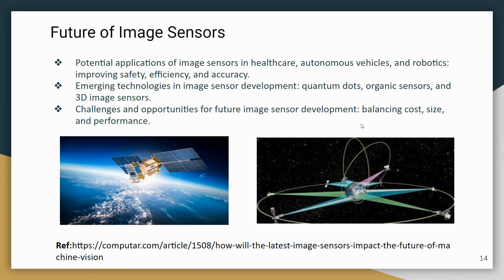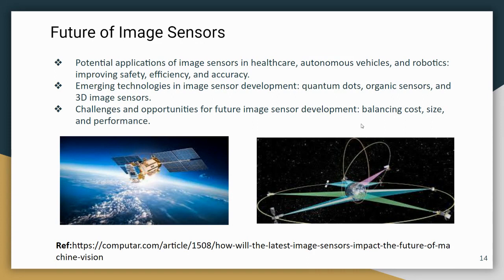Let's move on to the future of image sensors. The potential applications of image sensors are in healthcare, robotics, and autonomous vehicles. In robotics, it improves safety, accuracy, and efficiency. Emerging technologies in image sensor development are quantum dots, organic sensors, and 3D image sensors.